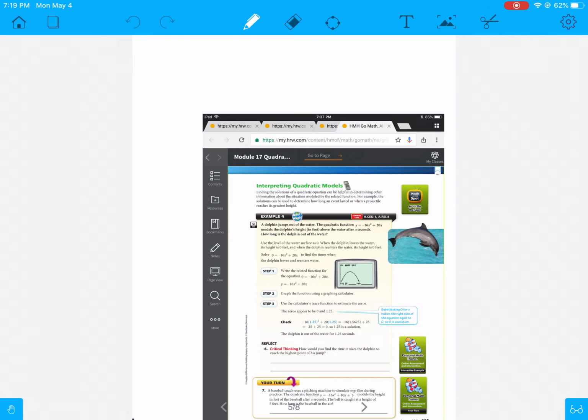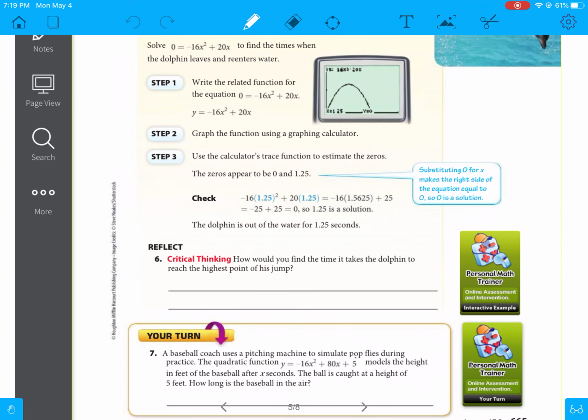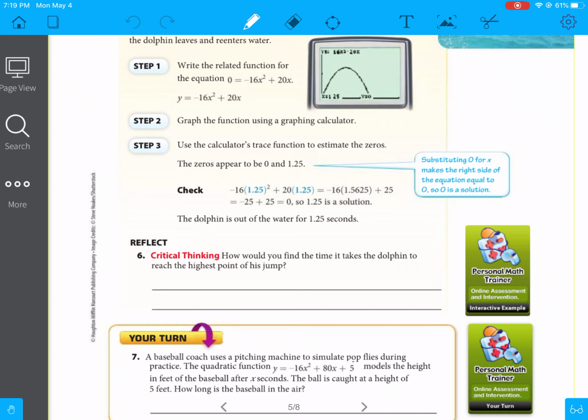Same thing if you look at number 7. It says a baseball coach uses a pitching machine to simulate pop flies during practice. The quadratic function y equals negative 16x squared plus 80x plus 5 models the height in feet of the baseball after x seconds. The ball is caught at a height of 5 feet. How long is it in the air? So that 5 feet is the 5 that's right here.